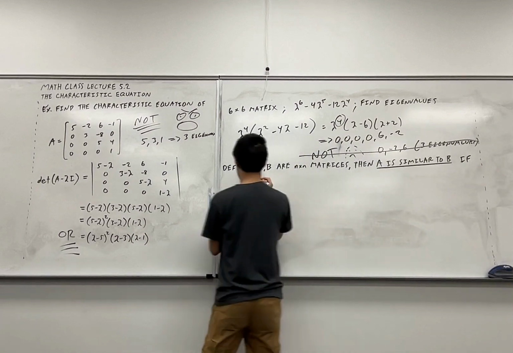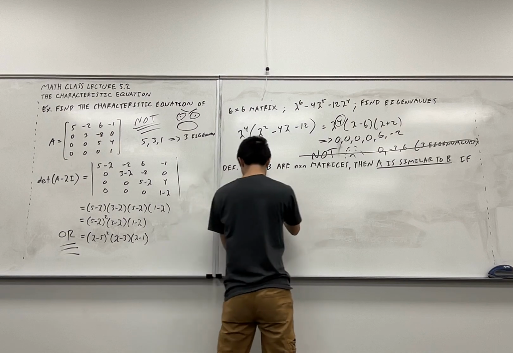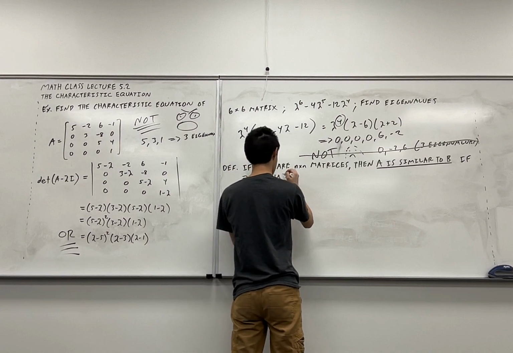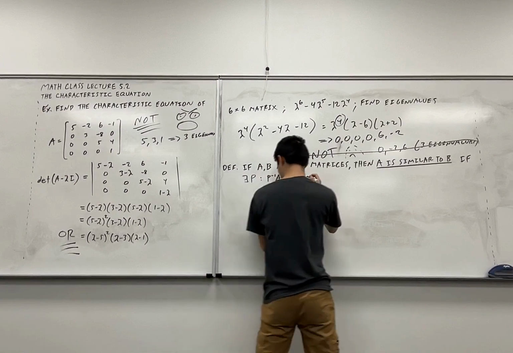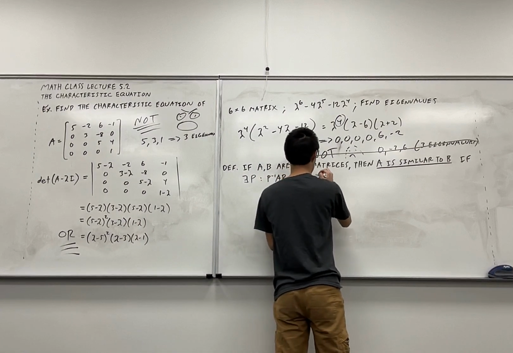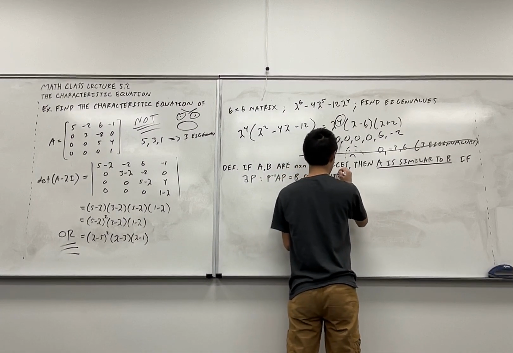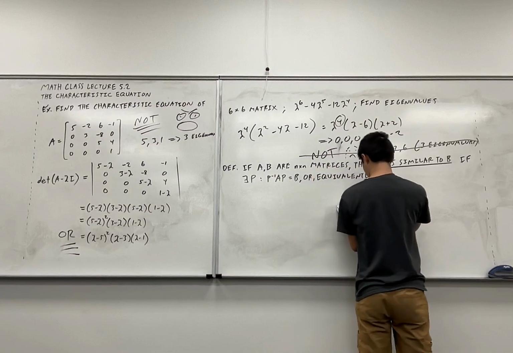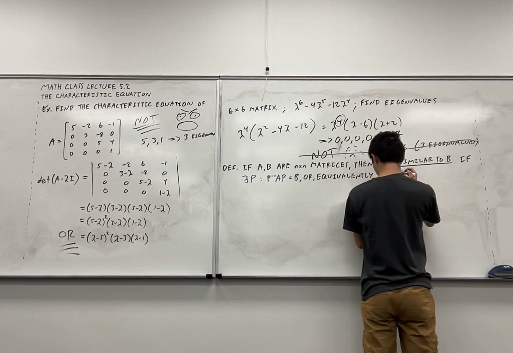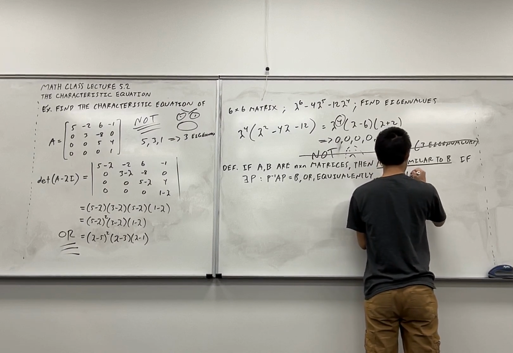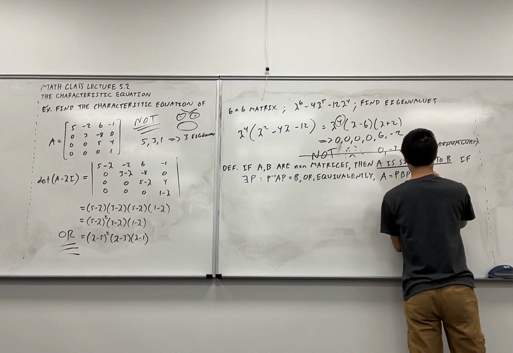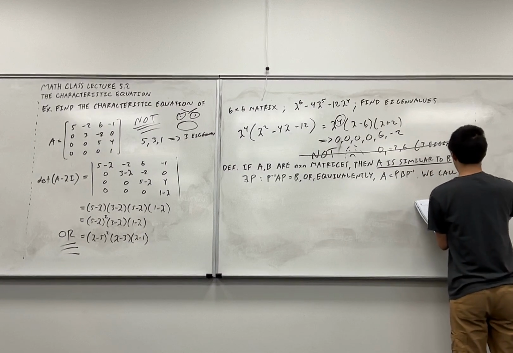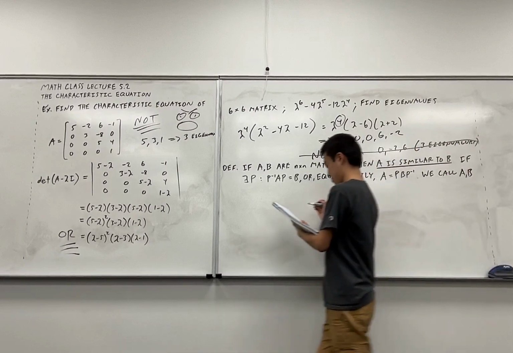If there exists some invertible matrix P such that P inverse times A times P is equal to B. Or, we could equivalently think of this as A being P times B times P inverse. Either way, we call A and B similar.